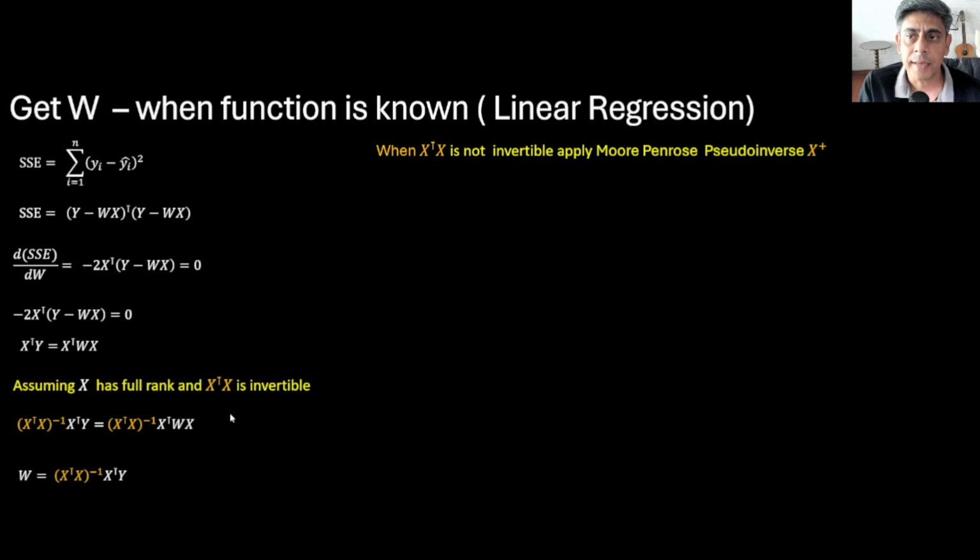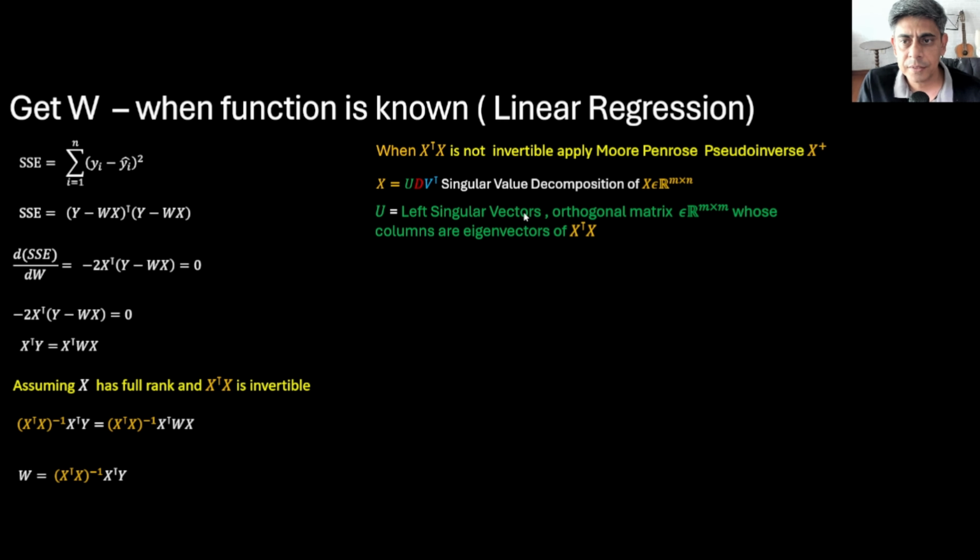When such a thing happens, there is another method which is widely used in most machine learning algorithms: you use the pseudo inverse of X, which is called the Moore-Penrose pseudo inverse, or X plus. This is developed in a couple of steps. First, you do a singular value decomposition of X, where you have a U matrix consisting of the eigenvectors of XXT, an orthogonal matrix of dimension m cross m.